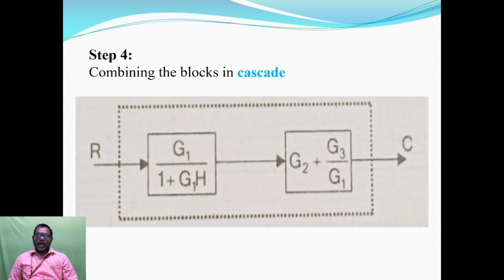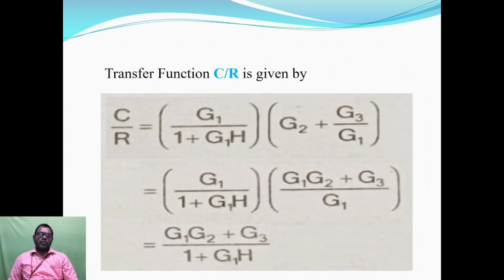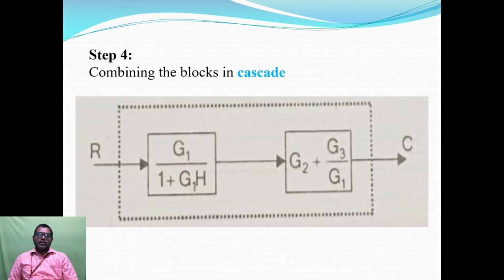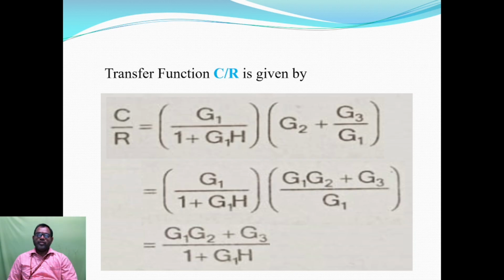Parallel means addition, cascade means product. Clear? So addition means the G2 block is summed with G3 by G1. This is parallel. And G1 divided by 1 plus G1H with G2 plus G3 by G1 is cascade, meaning the product of these two blocks.